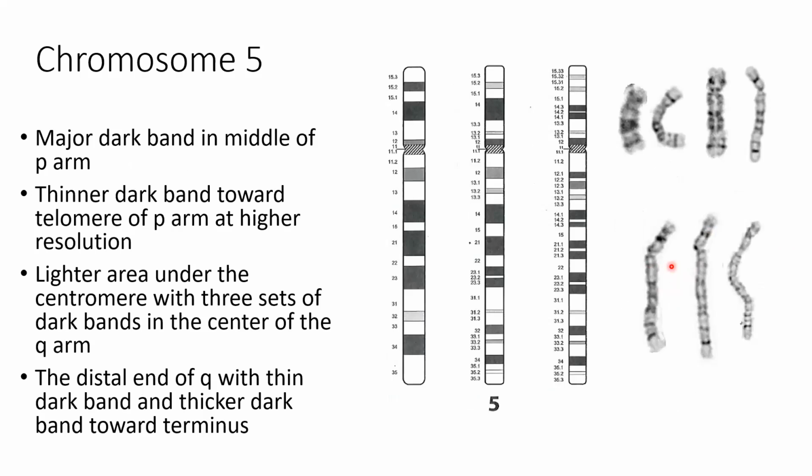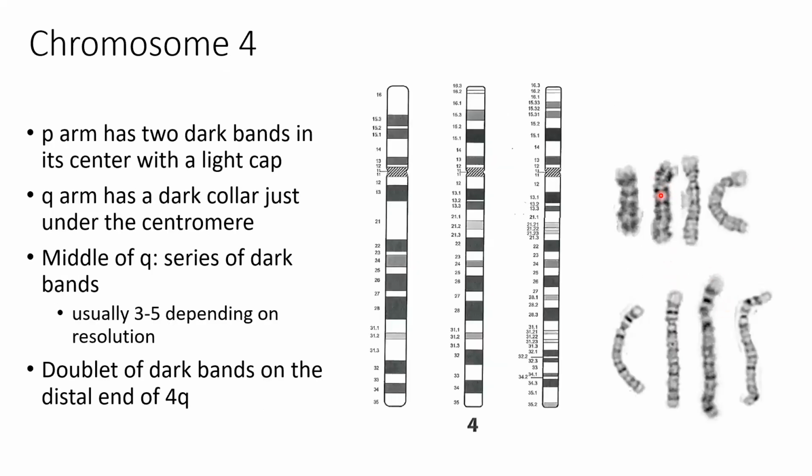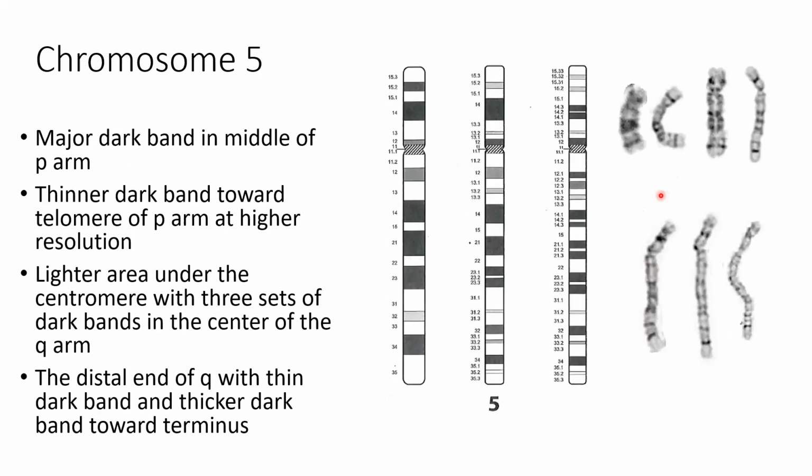So let's go on with chromosome 5. You're saying, well, there's a dark band there. Yes, but it's not nearly as distinct as the one on chromosome 4. With 5, we've also got a lighter area at the top, especially on the shorter chromosomes, but once you get any kind of length on 5, 5p definitely looks different from 4p.